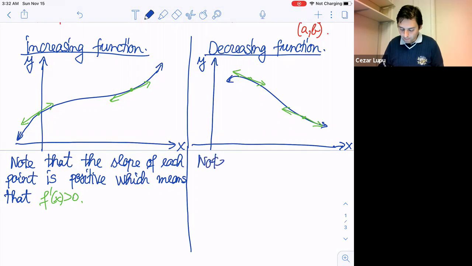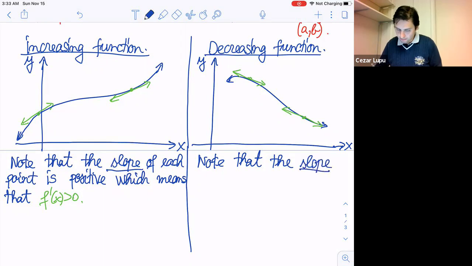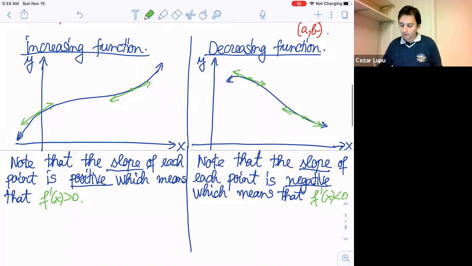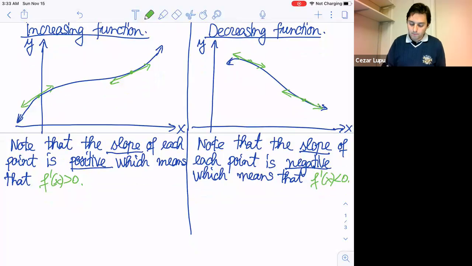We note that the slope at each point is negative. So positive and negative, which means that the derivative will be negative, that f prime of x is less than 0. Okay, so this is the scenario.